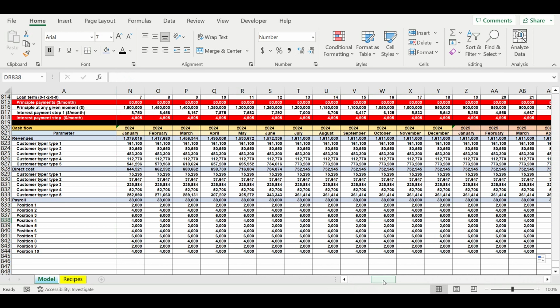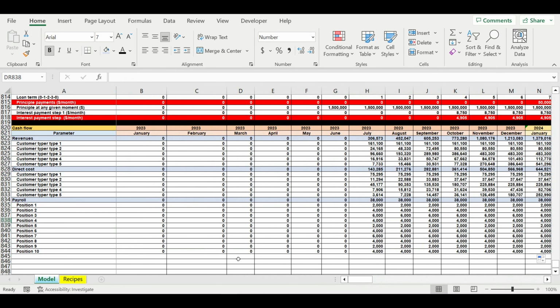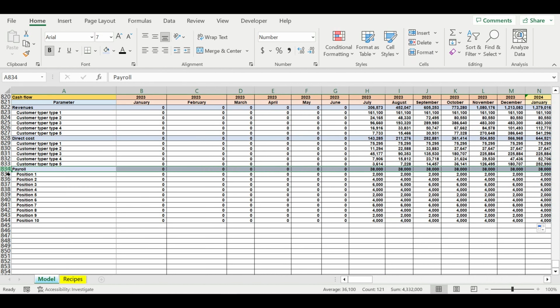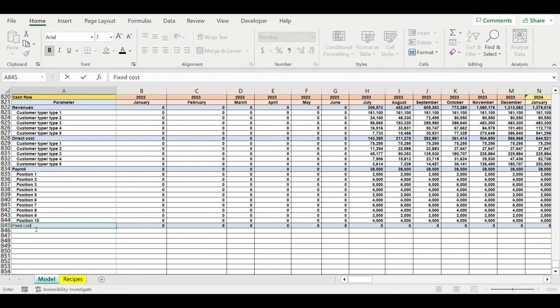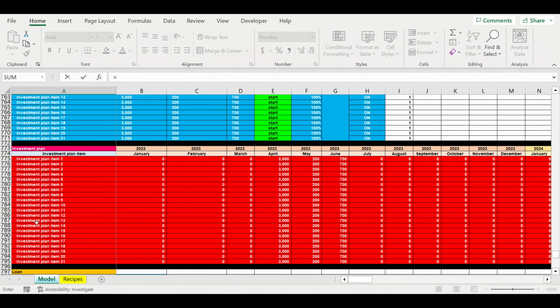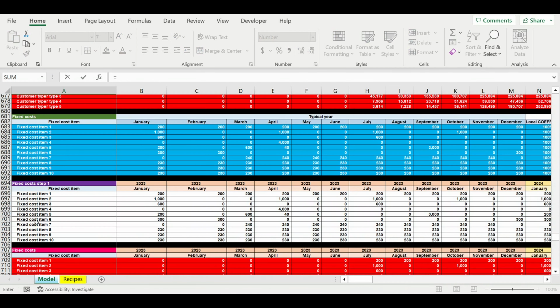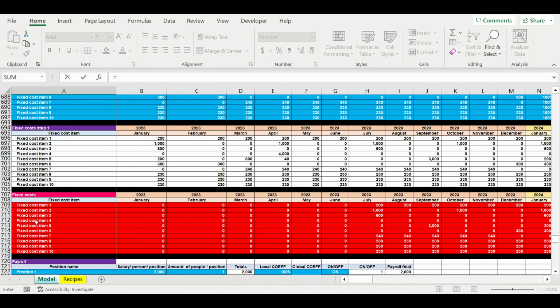Now we are moving to the fixed costs. So here they are. So in this video, I'm just searching for red lines and green lines to consolidate all the inflows and outflows.